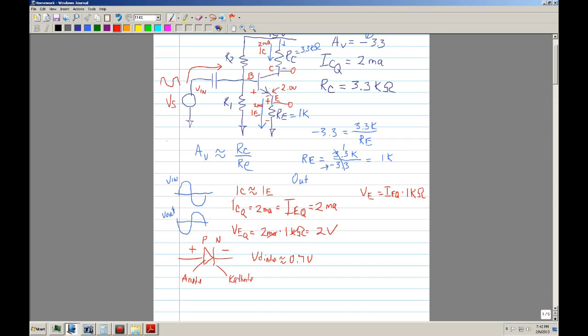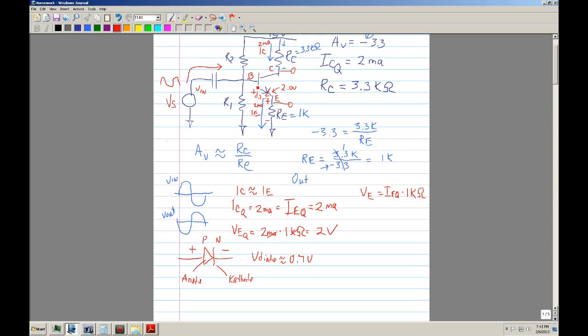Think of it this way: you've got 2 volts here, and for this to turn on, what voltage would that have to be for it to be on? I have 2 volts over there, and you need a diode drop from there to there. So you've got 2 volts here, so this has to be what?